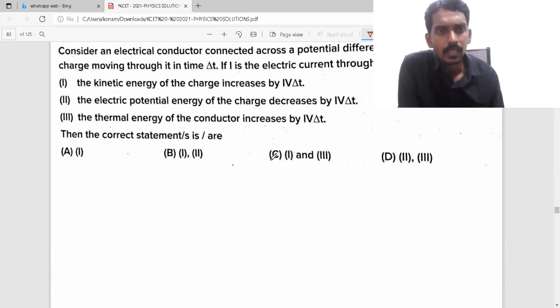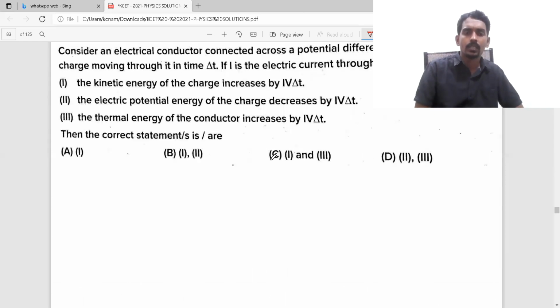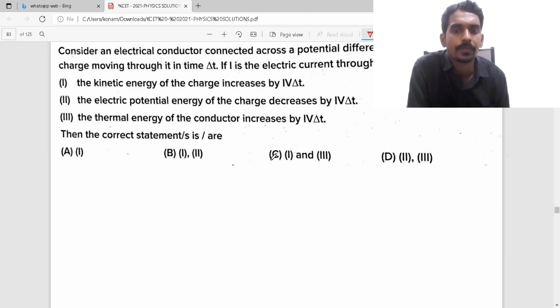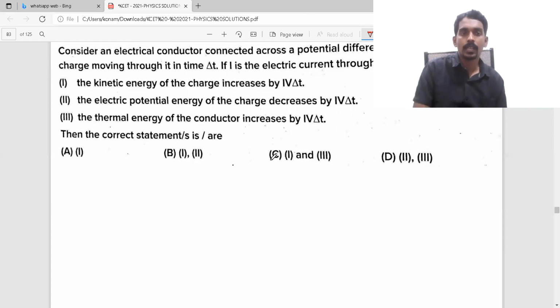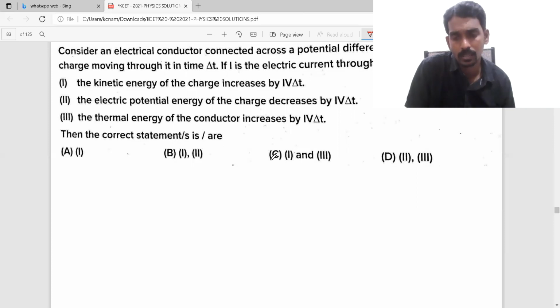Now here again, this question I have a little doubt. As current is passing through the conductor, heat energy will develop anyhow. But whether they will consider it or not, because as current increases, due to resistance, thermal energy will increase.